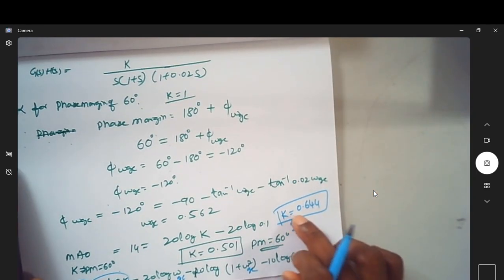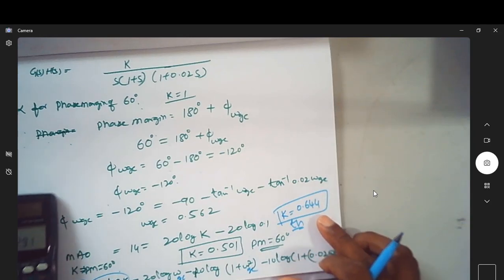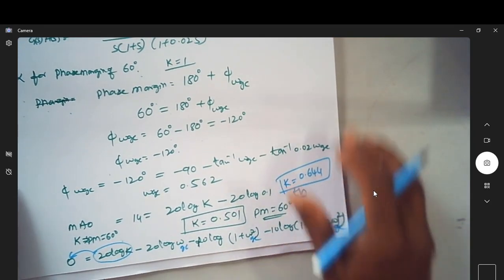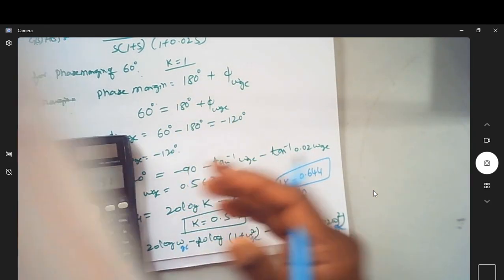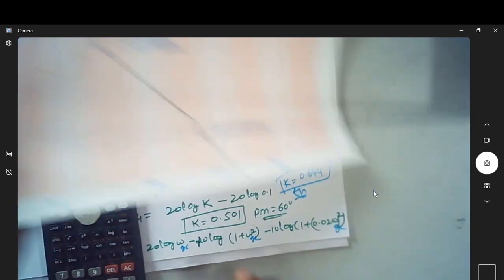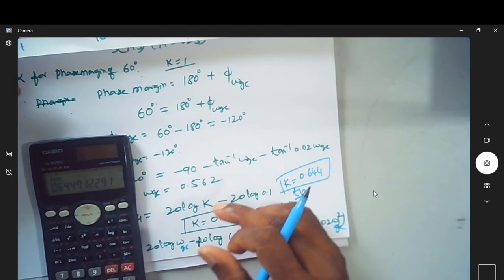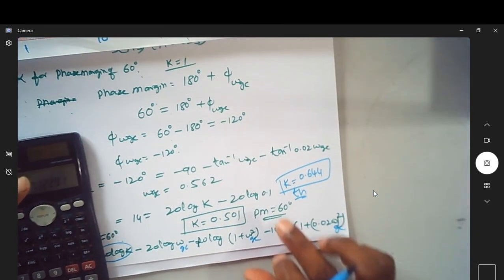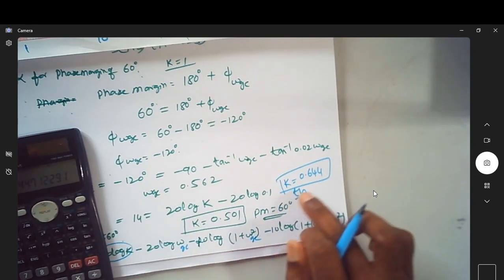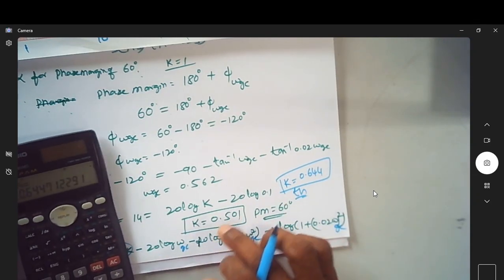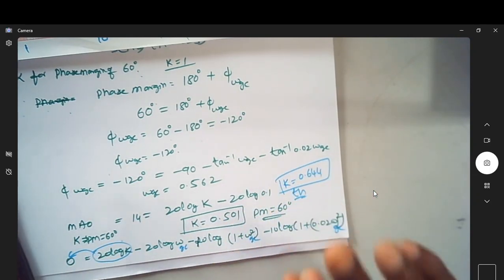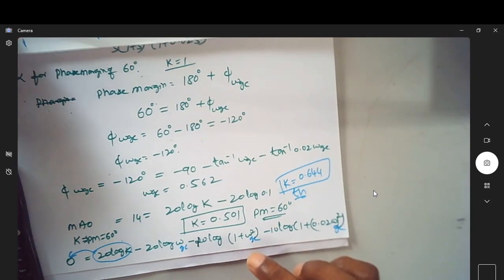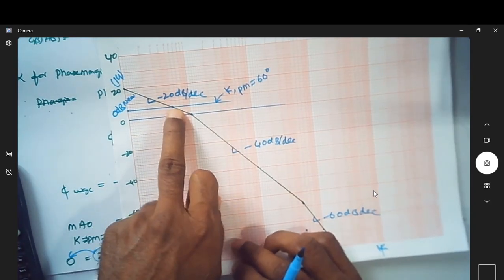So the value of K comes out to be 0.644. And of course, using the Bode plot we got it as 0.501. Of course we know that we can still get the same 0.501 as the value of K even using a calculator, provided we consider only those terms which are contributing at omega GC.